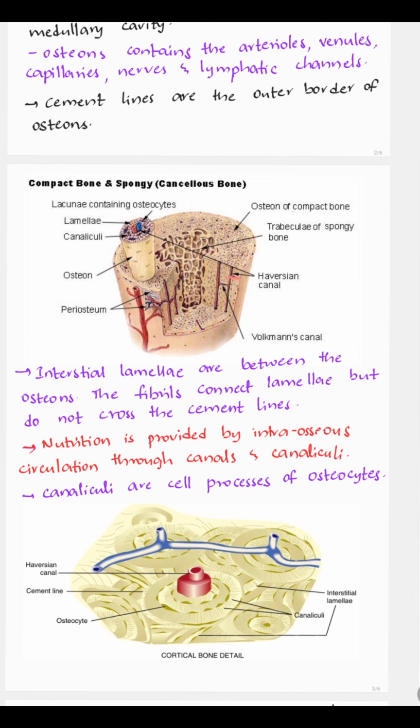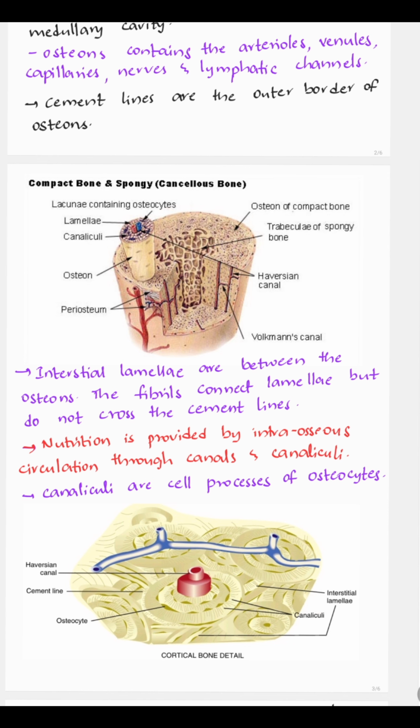The Volkmann's canals connect the two Haversian canals, or they also connect the Haversian canal to the periphery, and also to the center or medullary cavity, and this is the periosteum of a bone. Here the vascularity of the periosteum is seen.